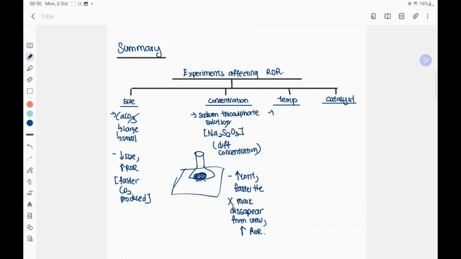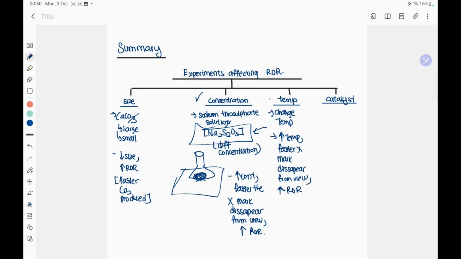Temperature. So temperature, obviously we change the temperature. We change the temperature of this sodium thiosulfate solution, and we know that the higher the temperature, the faster the X mark disappears from view, the higher the rate of reaction.